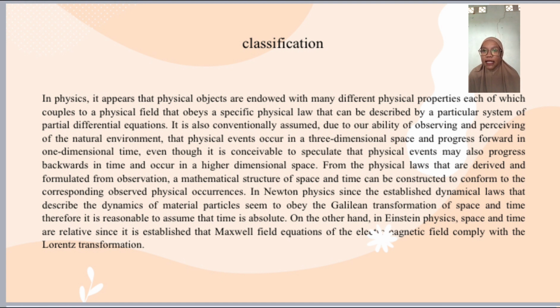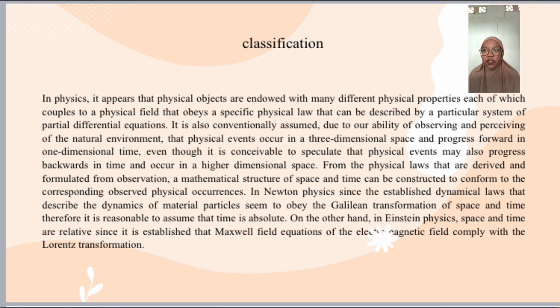In physics, it appears that physical objects are endowed with many different physical properties, each of which couples to a physical field that the specific physical law can describe by a particular system of partial differential equations.